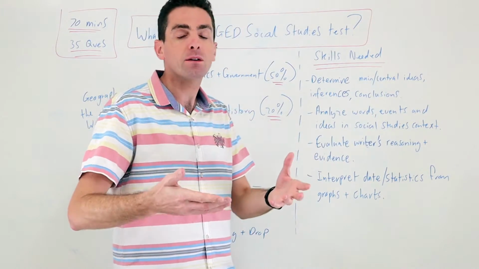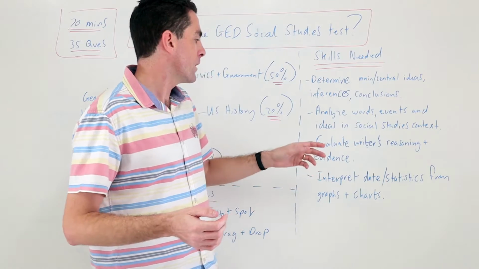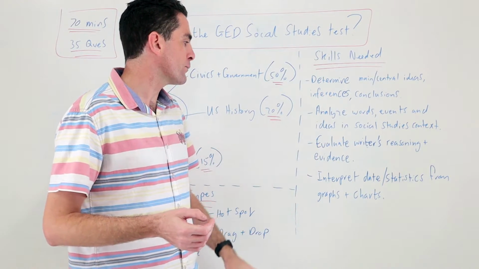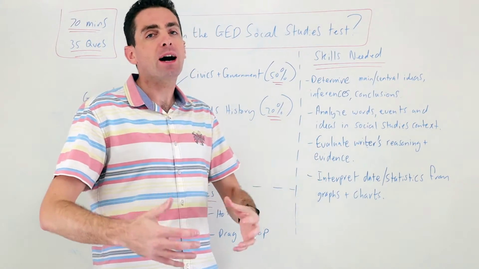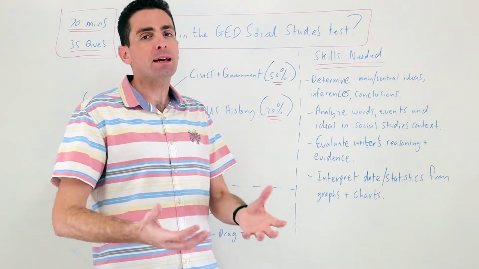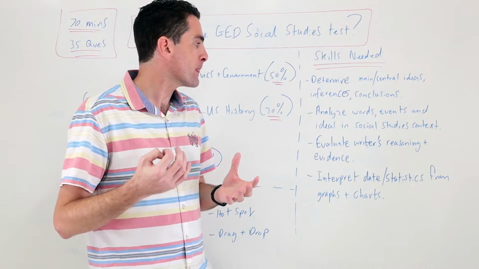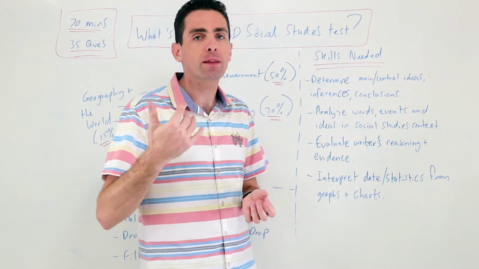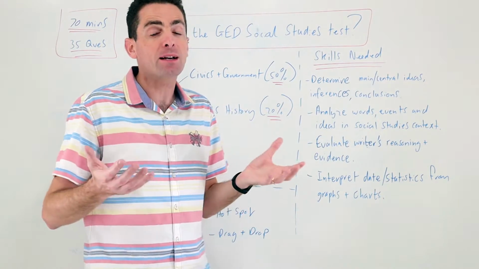It could be the impact of an event, the importance of it, and things like this. Also, evaluating the writer's reasoning and evidence. So, does the writer of an extract provide enough evidence to make his argument strong, to make it weighty? Does he reason effectively within the paragraph, or are there any weak parts to his reasoning? You might be asked to pick these out.